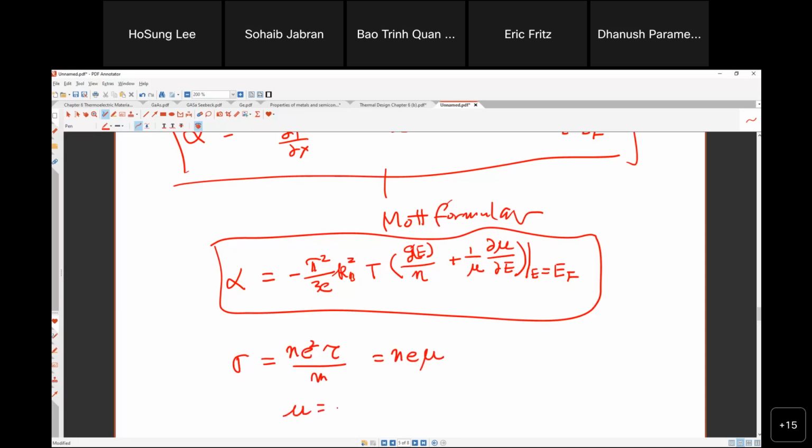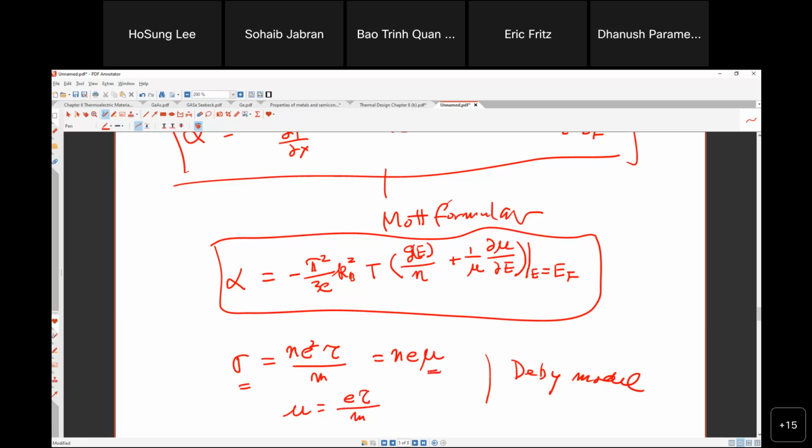Mobility is nothing more than electron relaxation time over m. So this is the Drude model, it turns out.